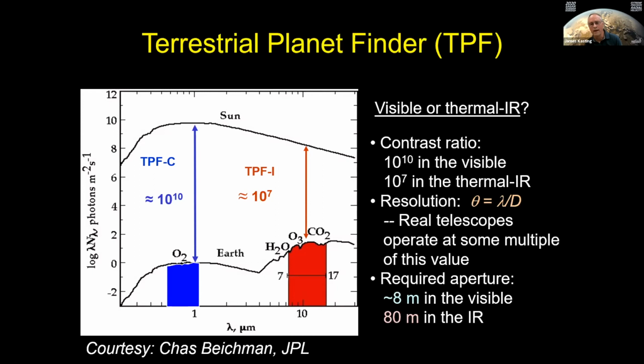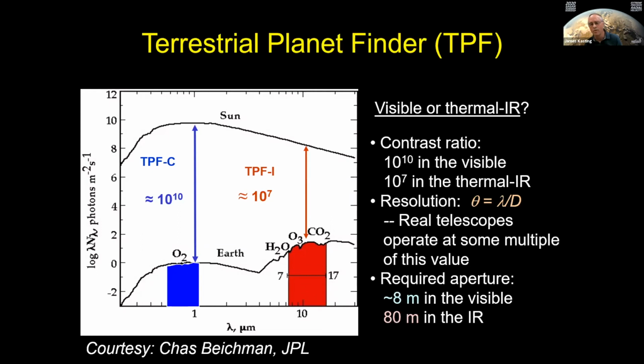But you have to weigh that against the diffraction limit here. You have to be able to separate the planet out spatially from the star. That defines an angle, theta, as seen from Earth orbit. And that theta is approximately lambda over d, where lambda is the wavelength you're looking at and d is the diameter of the telescope.